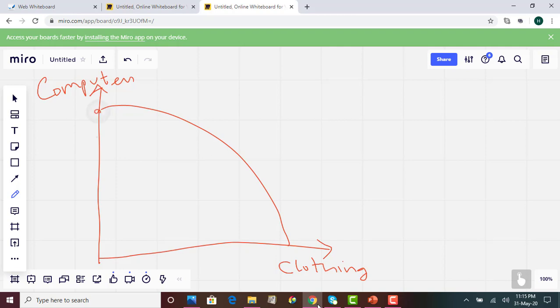Now let me label the points. I'm going to be taking different points, and I will explain what these points mean, but first let me finish drawing this graph.